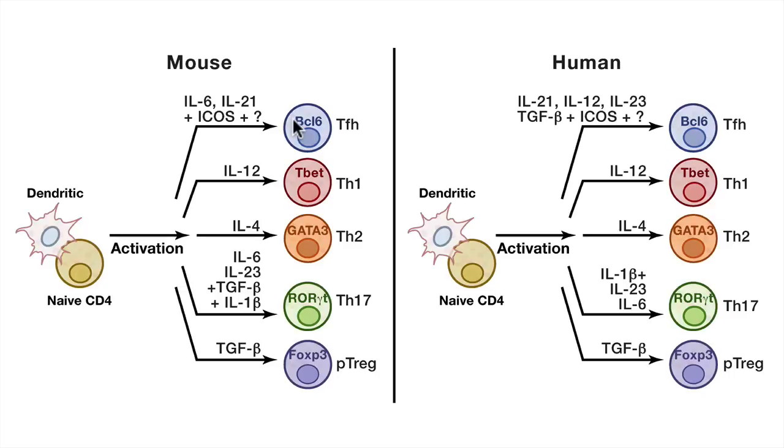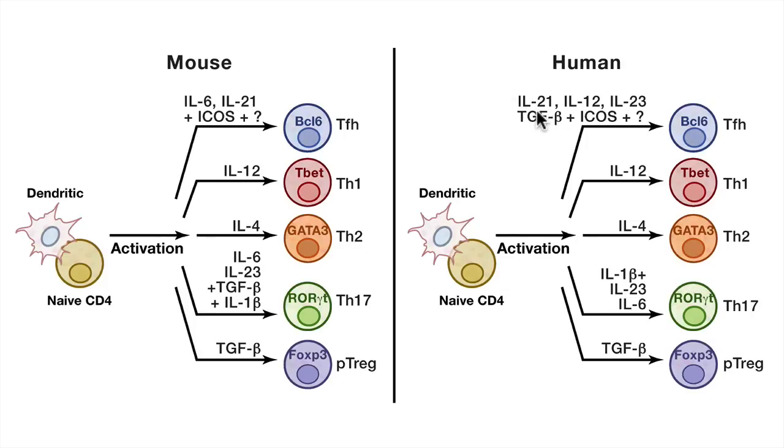And while for neither mouse nor humans have strong BCL6 inductive signals been identified in vitro, nevertheless, the current evidence is that IL-6 is the best identified factor for murine cells.